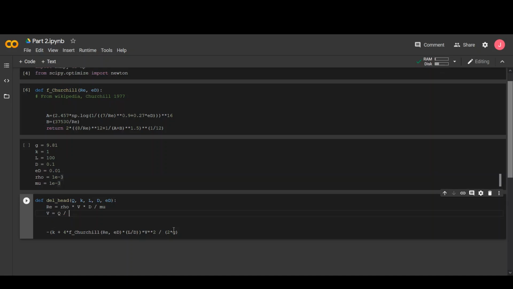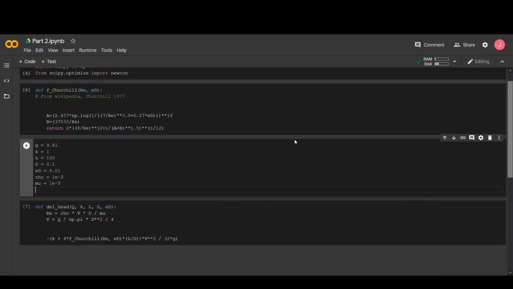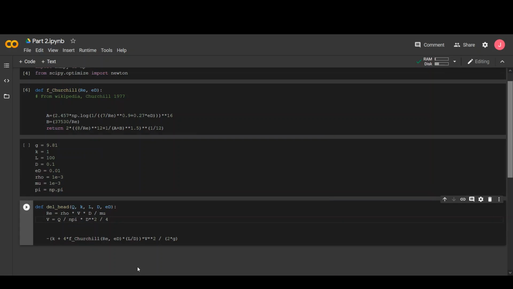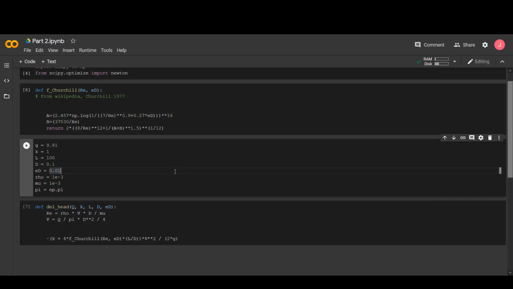So for our pipe, that would be pi times our diameter squared over 4. Actually, let's go ahead and name pi as a variable, so I don't have to keep retyping mp.pi. Run that.